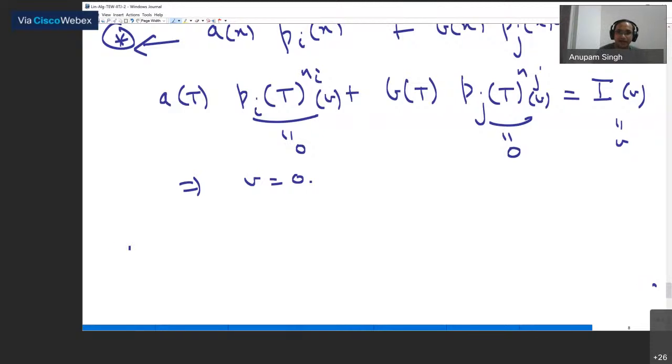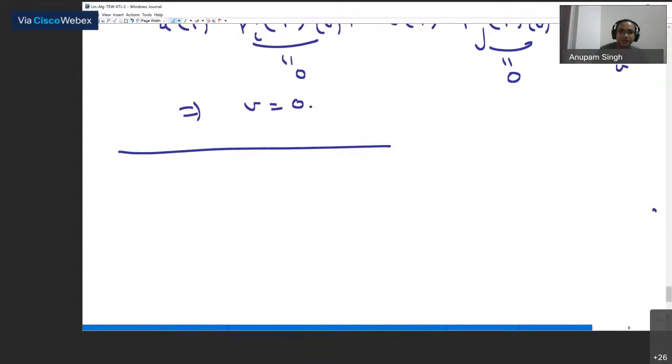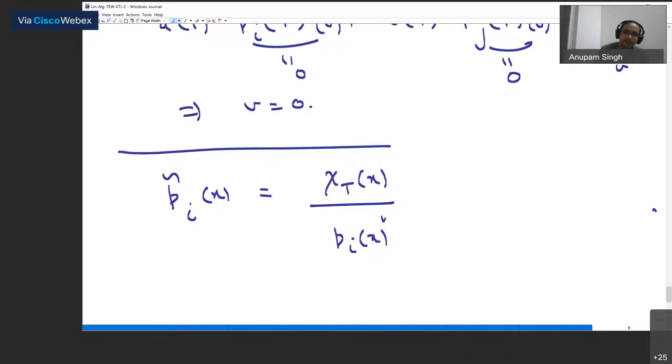Okay, and now I have to prove that v is the sum of v1 plus v2 plus up to vr. We need to find that also. A similar trick can be done for that also. So let me define this first. I'll define the polynomial Pi tilde(x) to be the polynomial chi_T(x) divided by Pi(x) to the power Ni.